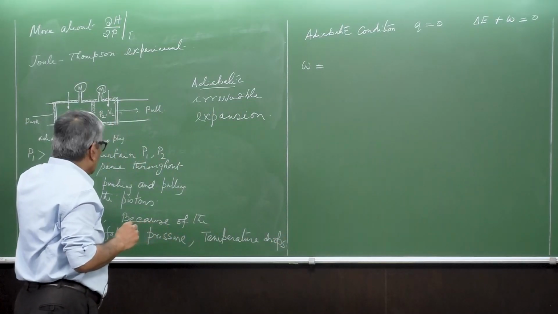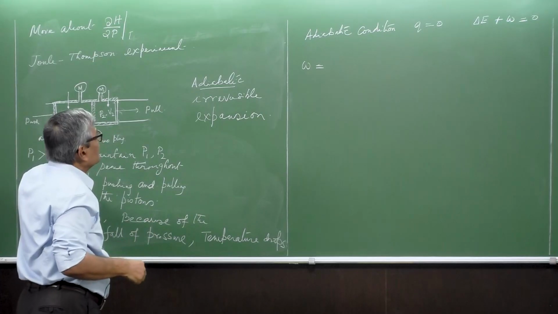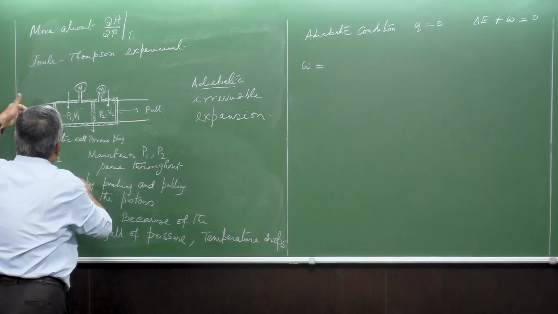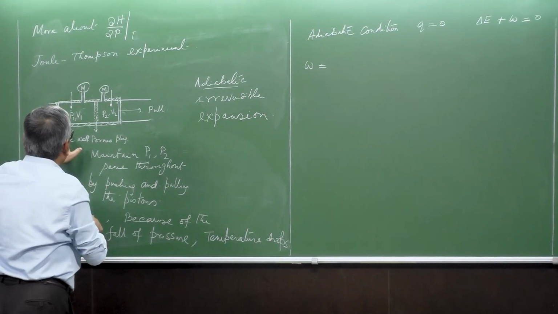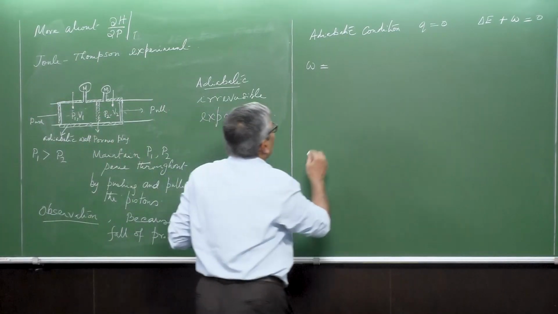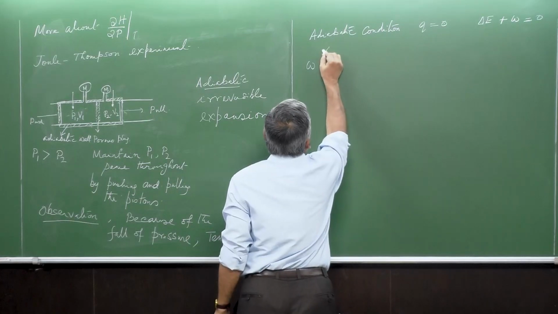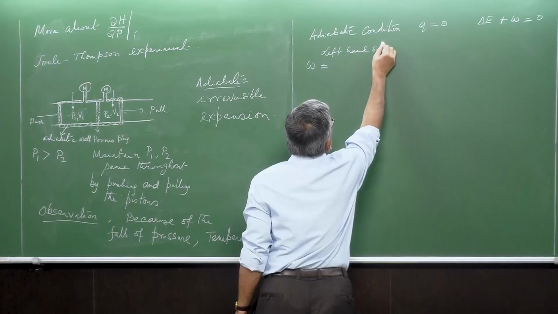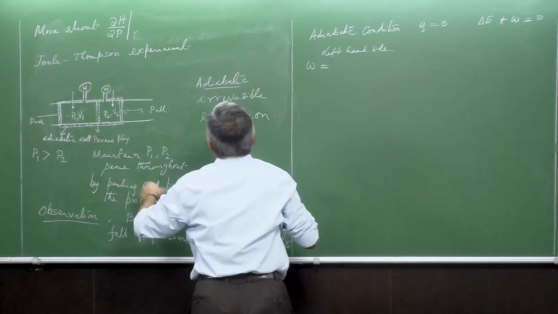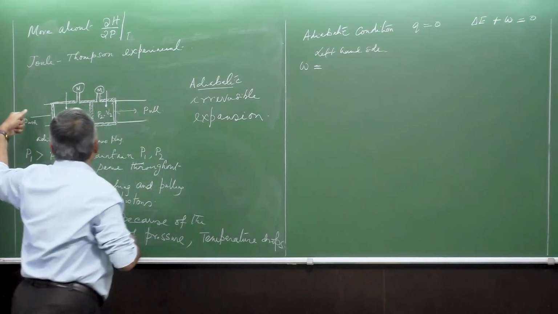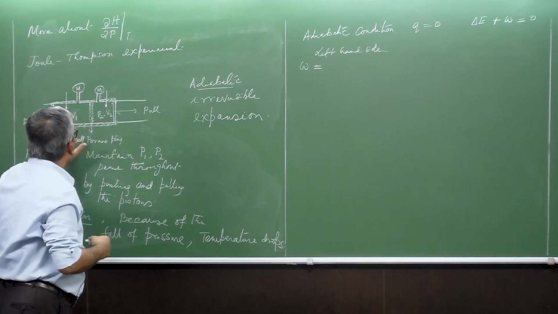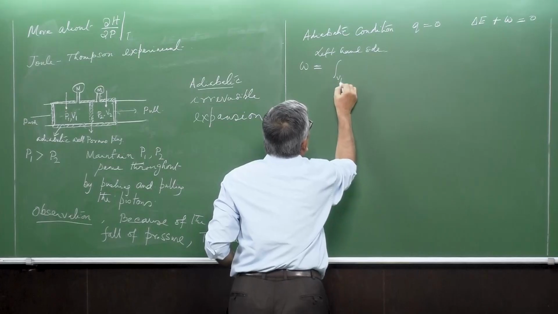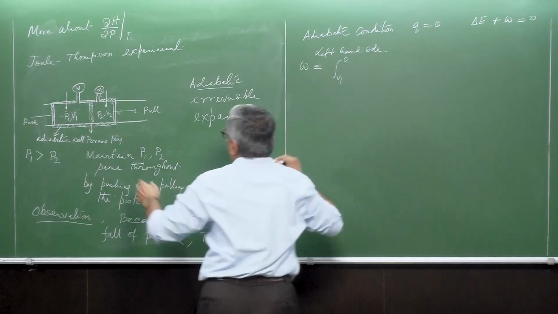What is being done here: when I am pushing from left to right, on the left hand side I push the gas from the volume V1 to 0, against a pressure P1.